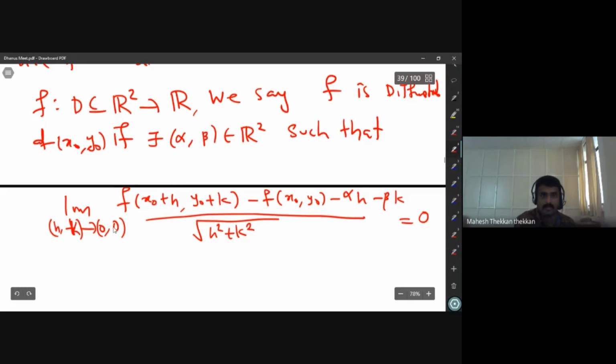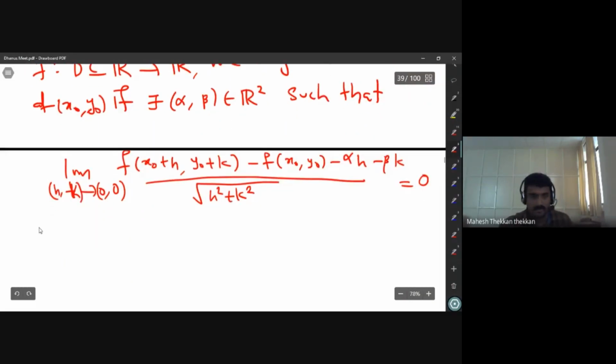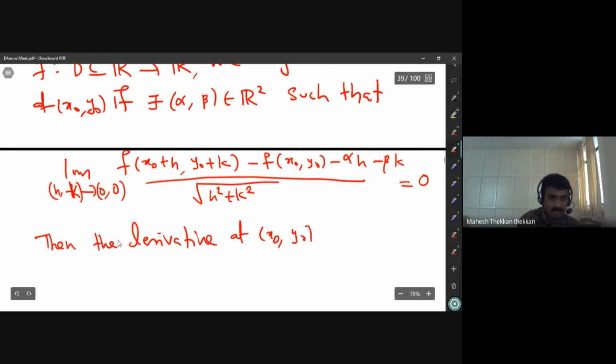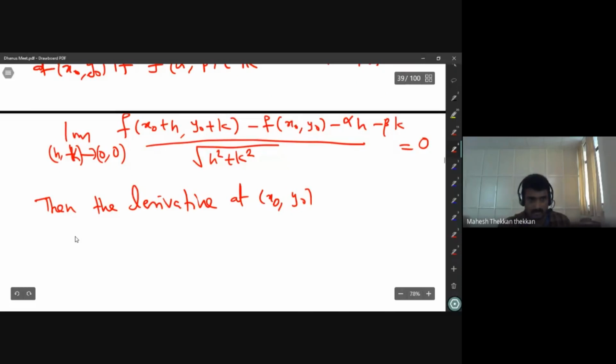Then the derivative at x naught y naught is denoted by df at x naught y naught, equal to alpha comma beta.